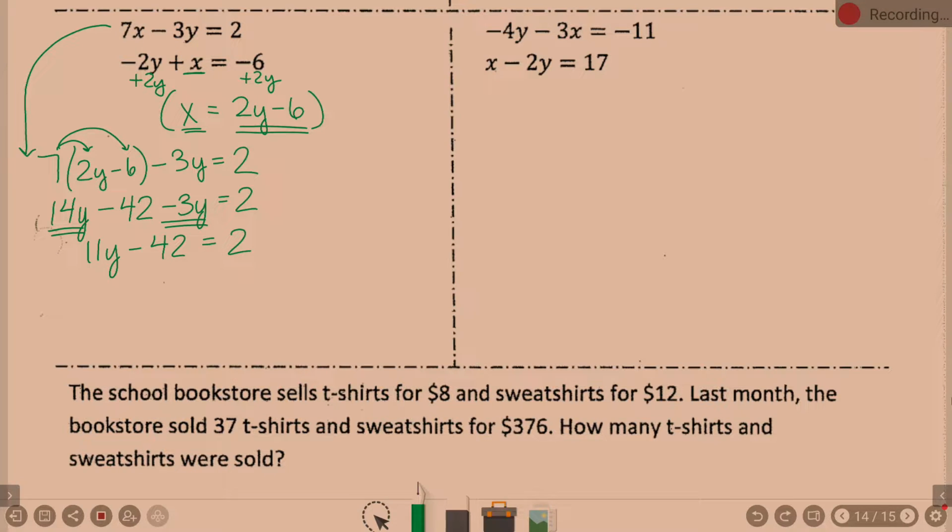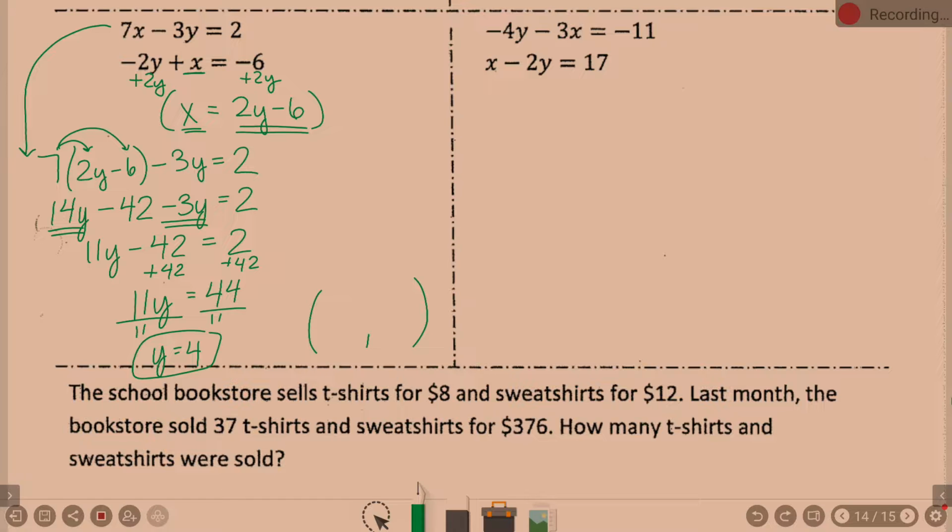Still equals 2. So now add 42. If it's 11y minus 42, we're going to add the 42 over. And then you divide the last part. So 11y equals, and 2 plus 42 is 44. Divide by 11. 4. y equals 4.